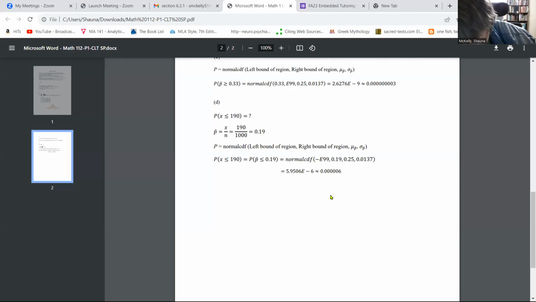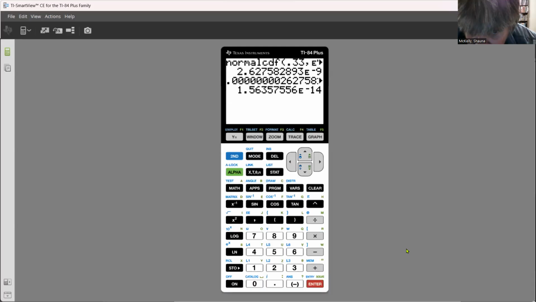It's super small. Let me just check this, but I don't believe that this answer matches. Let me check that. This is normal CDF. Bring it up. Calculate it again.